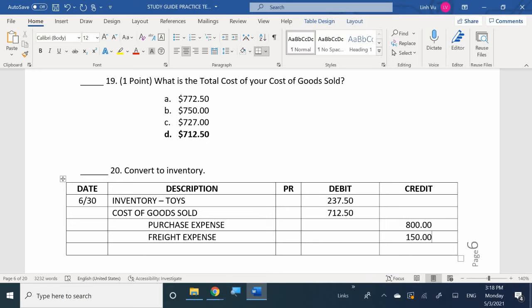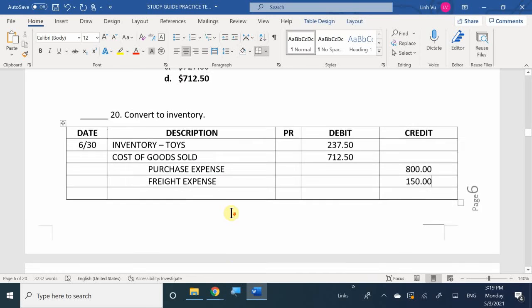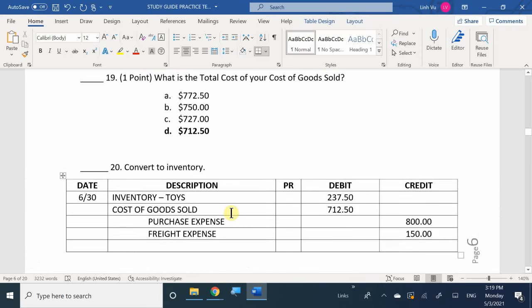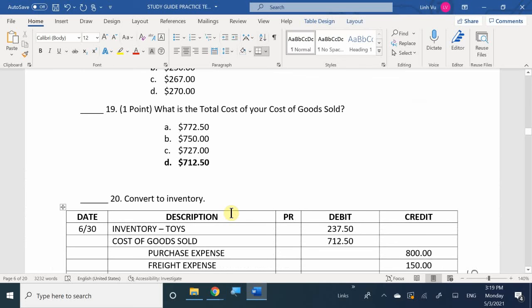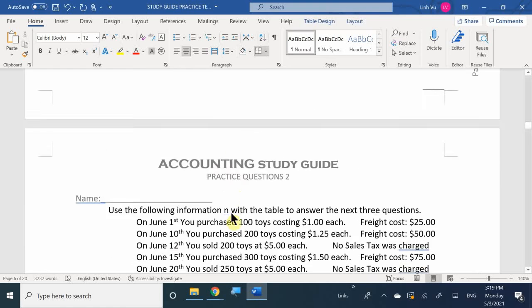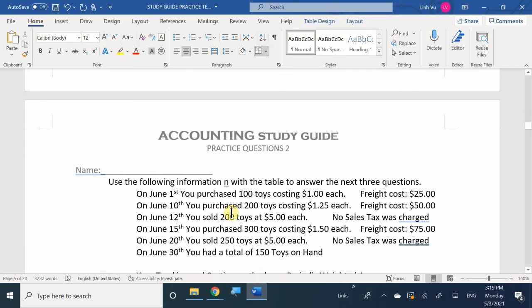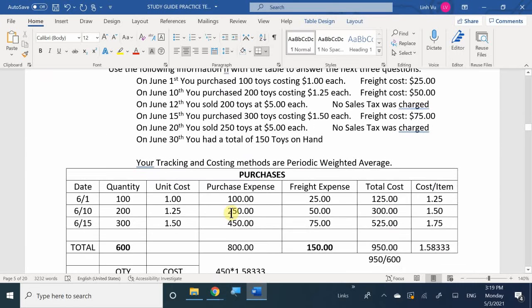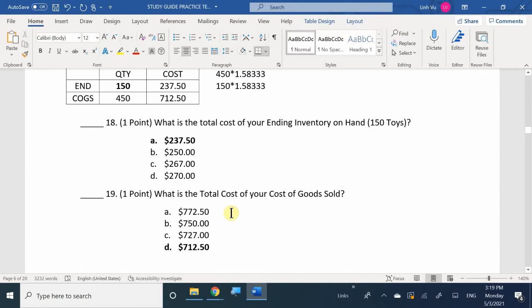I can easily ask you, journalize the sale on June 12th. And you would journalize exactly how it looks. You're going to know that you have to journalize the sales and however you receive the money. So in this case, you received cash, right? For each transaction.